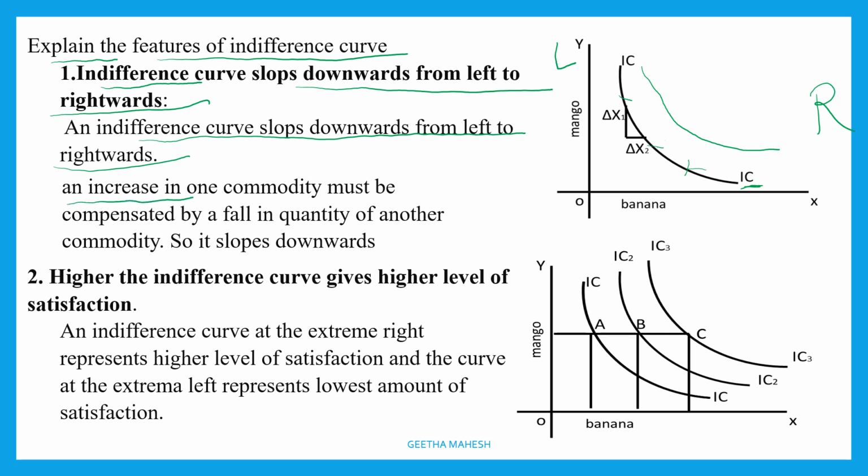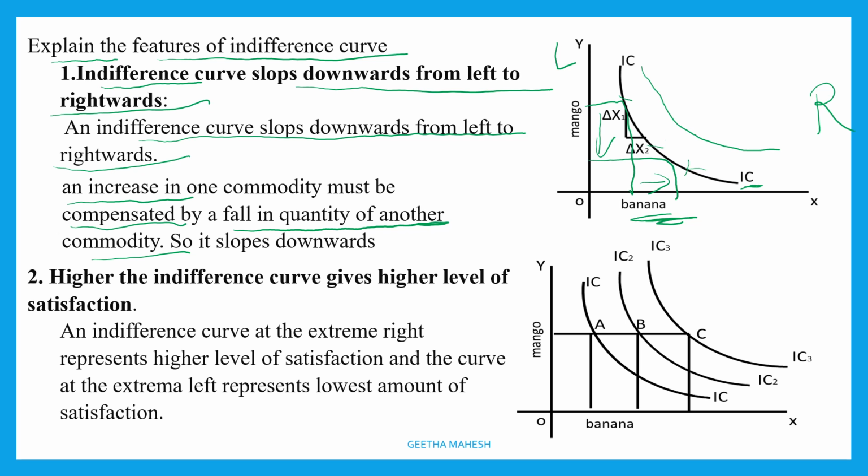An increase in one commodity must be compensated by a fall in the quantity of another commodity. So if you want to have more bananas, you have to decrease mangoes. Then only the IC curve will be convex to the origin and it will flow from left to right downwards.